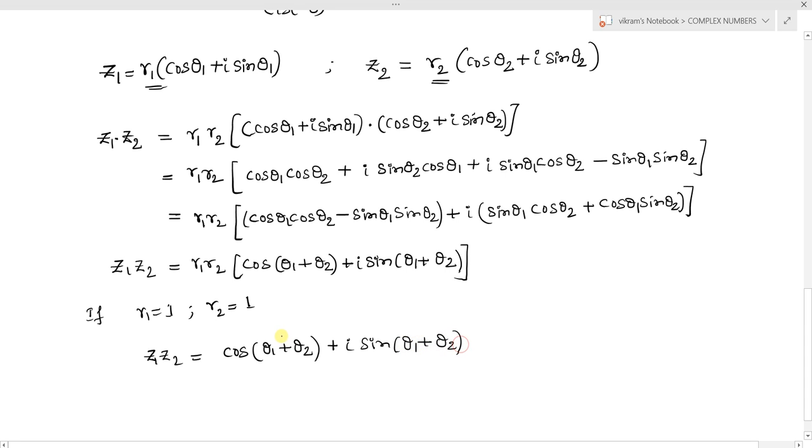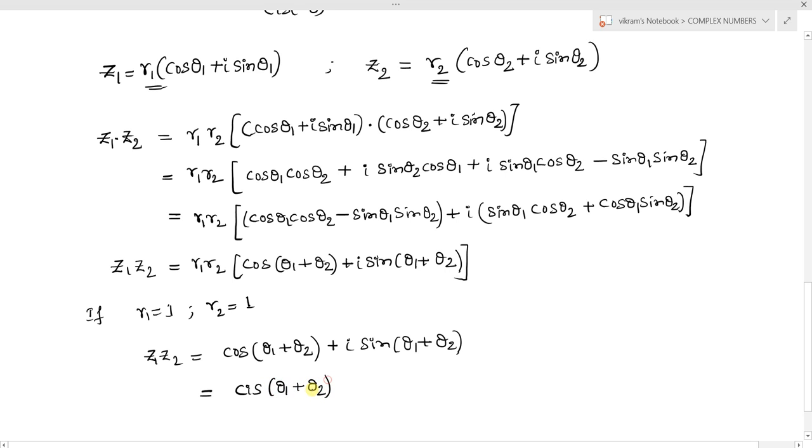Just as we discussed, if any complex number z equals cos theta plus i sin theta, we can write it as cis theta, and we can write this result as cis of theta 1 plus theta 2.